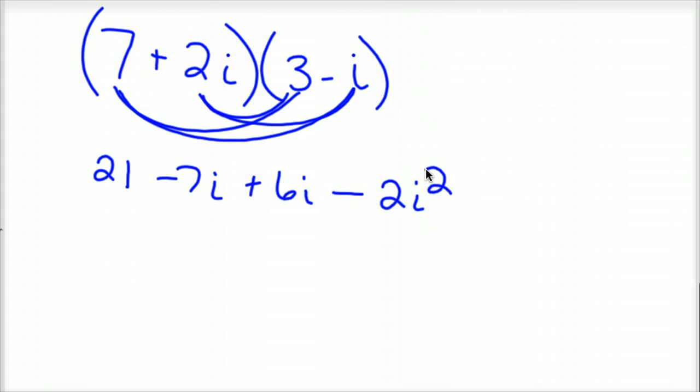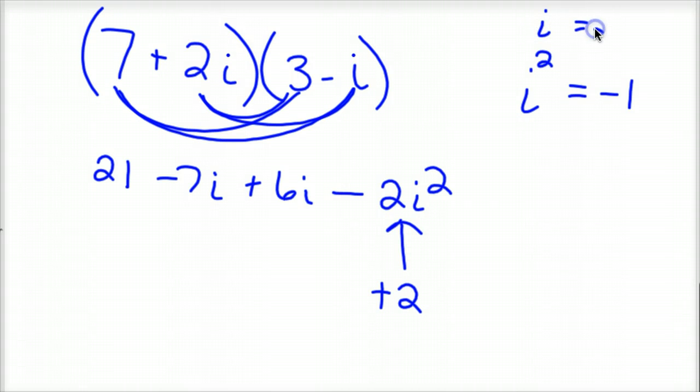Then -2i squared becomes a positive 2. I probably should have defined this, but I'm hoping you kind of know it already. i squared is -1, because i is equal to the square root of -1, and if you square both sides, you end up with i squared equaling -1, because a square eliminates the radical.